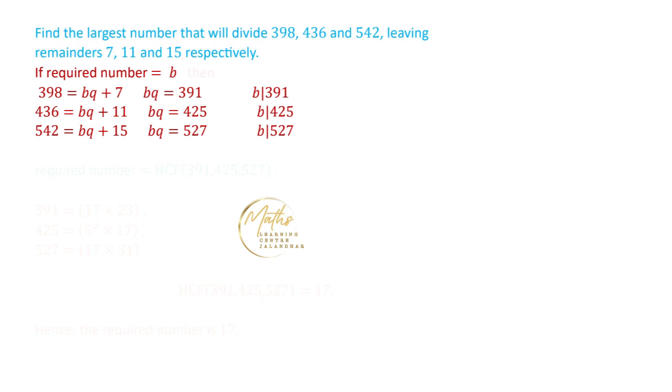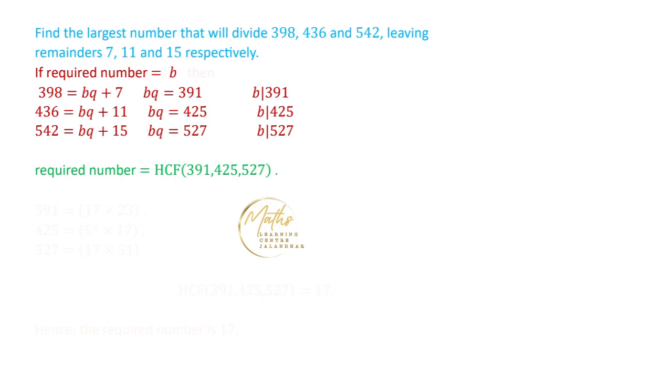So we have to find the largest number. Now our question becomes that we have to find the largest number which divides 391, 425 and 527. So the largest number that is a factor of all these numbers will be the HCF. So the required number is the HCF of these three numbers.